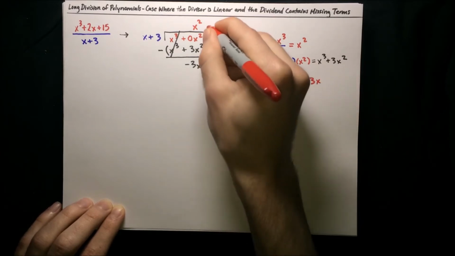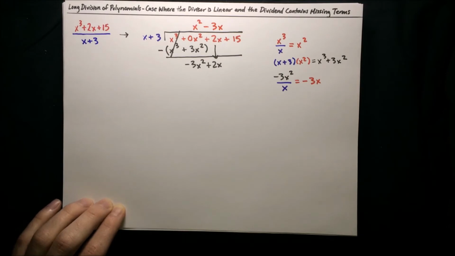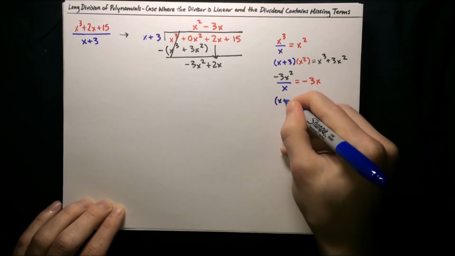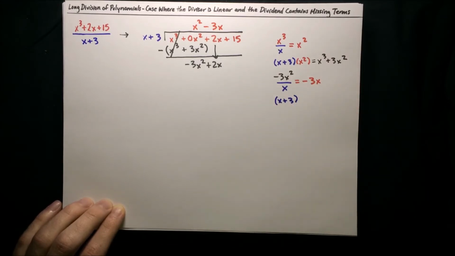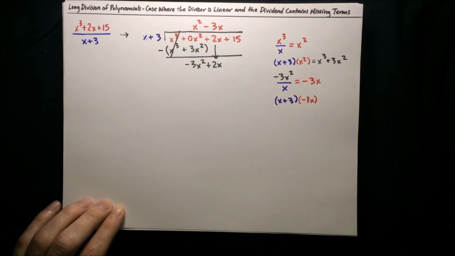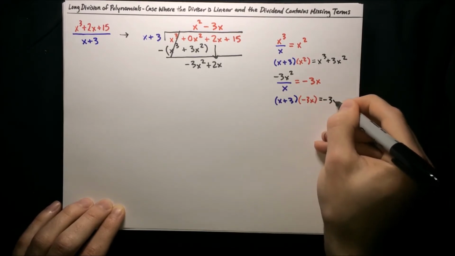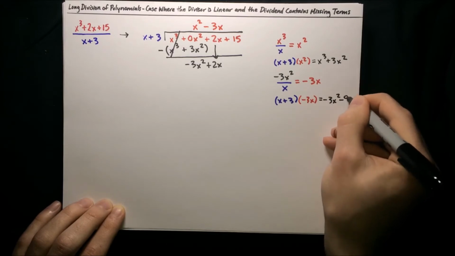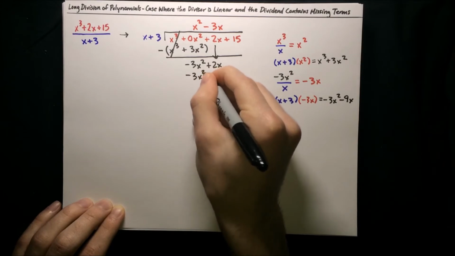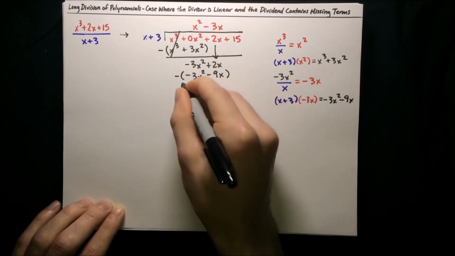So that's going to be the next term in our quotient, negative 3x, and now to figure out what we need to write in the row, we need to multiply x plus 3, our divisor, by that result of negative 3x, and when we do that, we get negative 3x squared minus 9x, and then we write that here and we need to subtract that.